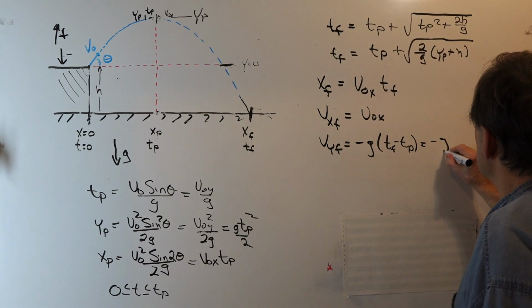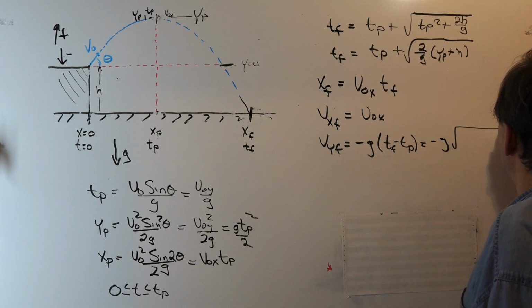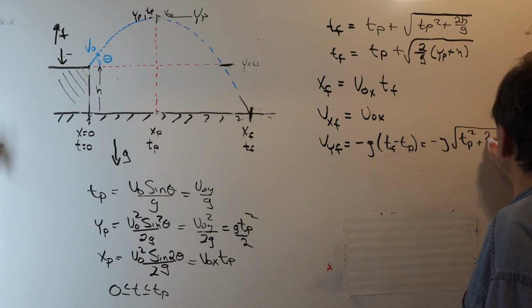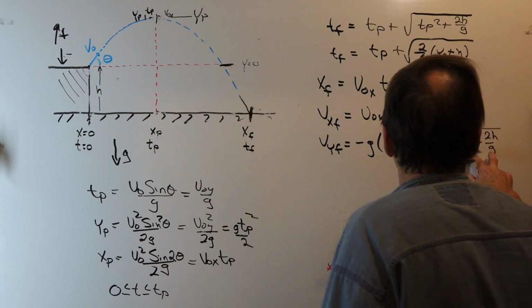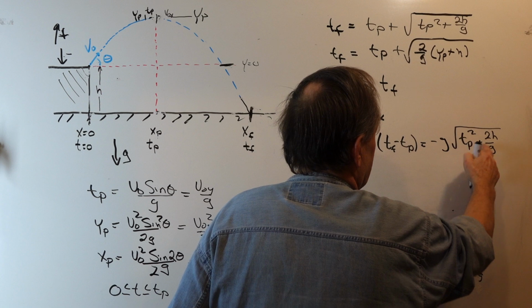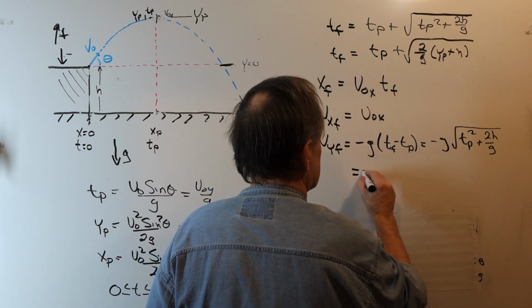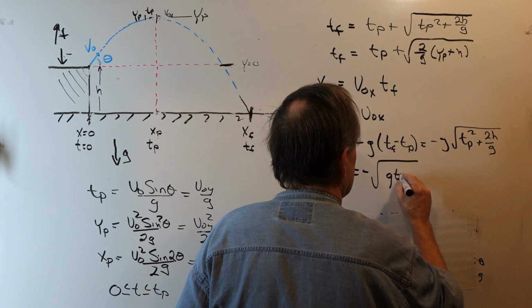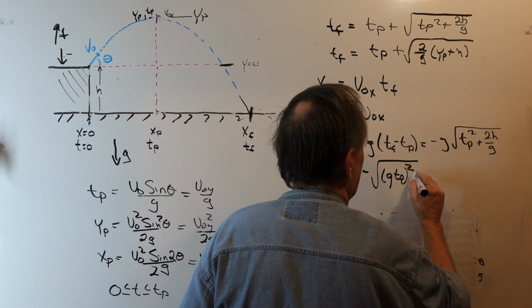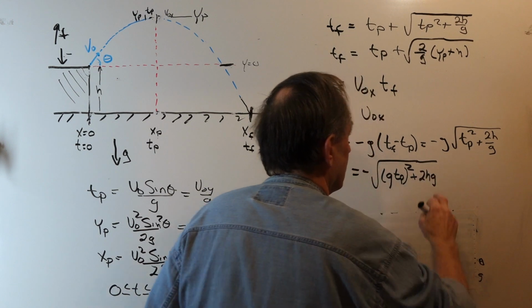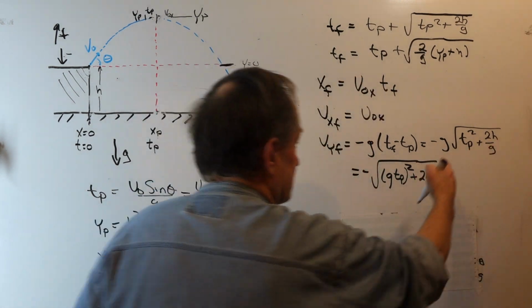So we can write this as minus g times the square root of t peak squared plus 2h over g. But if we move g into the radical, it becomes g squared. So this is minus the square root of g t peak quantity squared plus 2hg, because the g squared distributes throughout.